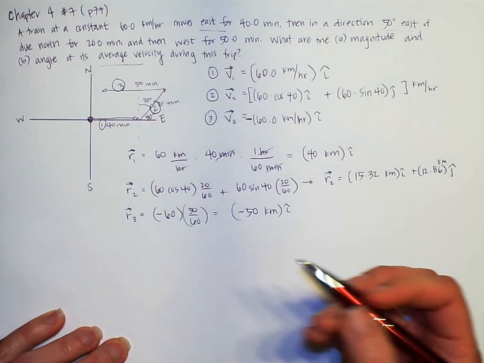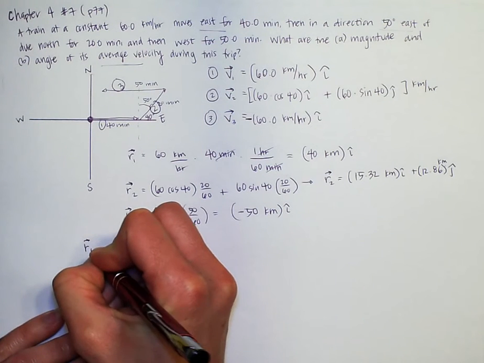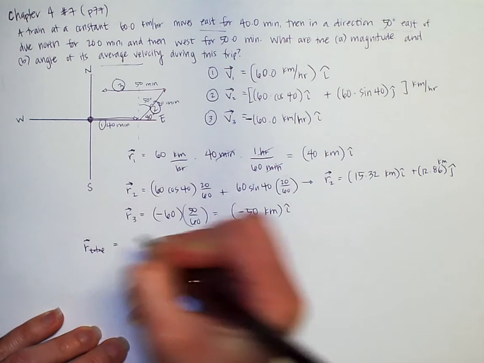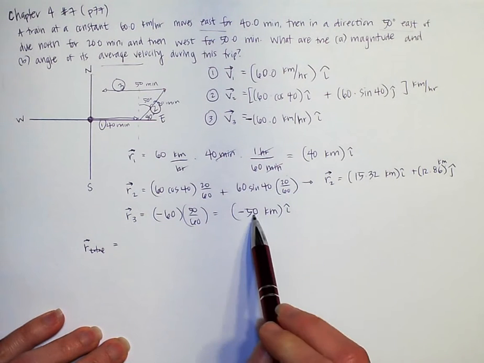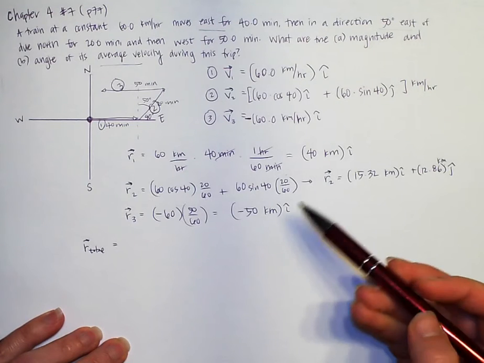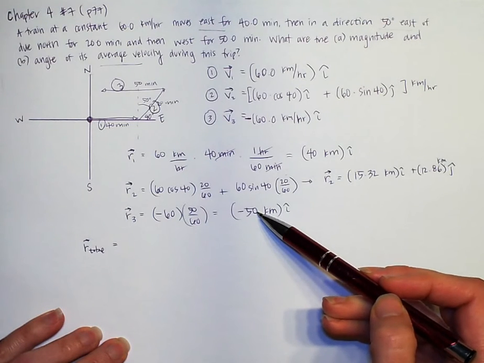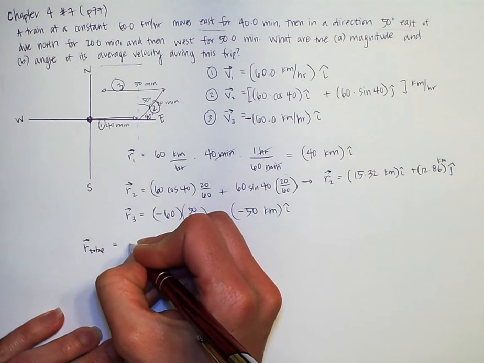And our next step is to figure out what is my total distance. So position, total, and of course, since we're dealing with unit vector notation, we add up all of our i hats, and then we can add up our one and only j hat. So 40 minus 50 is negative 10. 15 plus negative 10 would be 5.